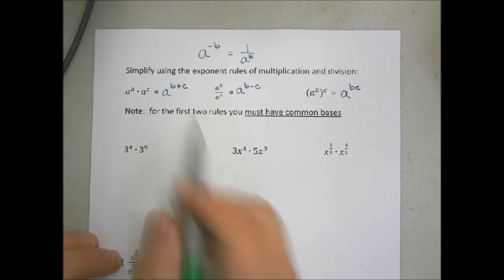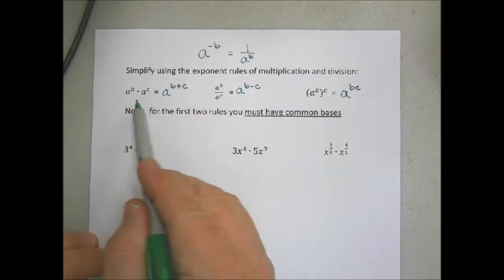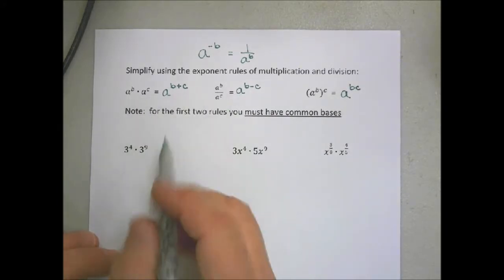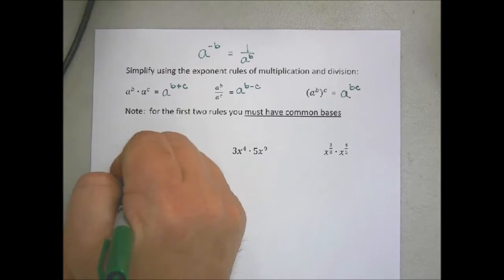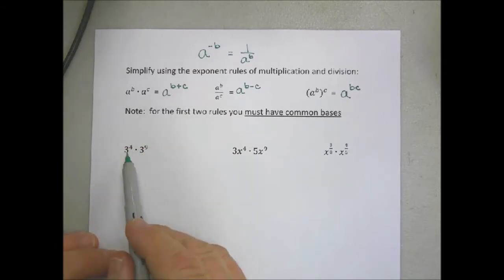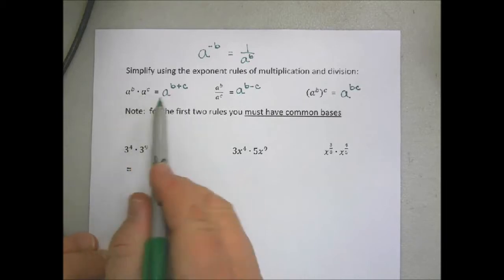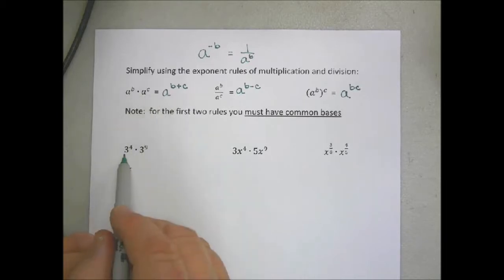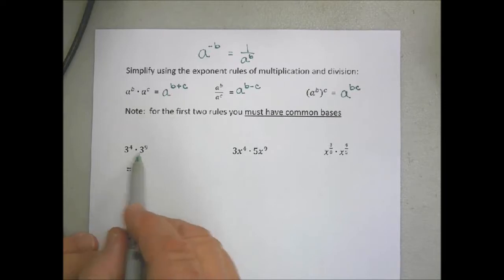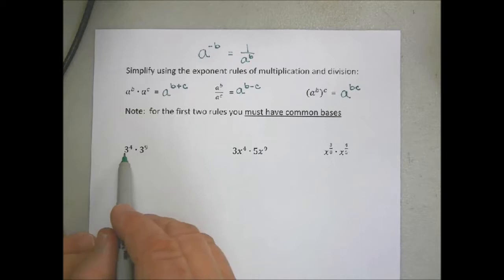Now, for these rules right here, the first two rules, you have to have the same base. So I started off with one that is commonly missed. When the bases are variables, it's really easy to understand. But when the bases are actually numbers, it's really easy to multiply those two 3's because your eyes see 3 times 3.